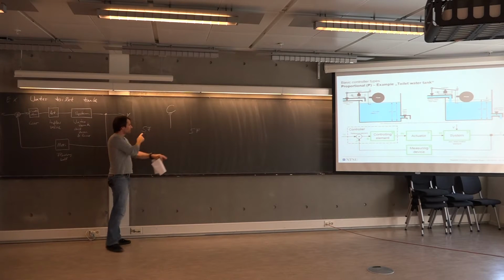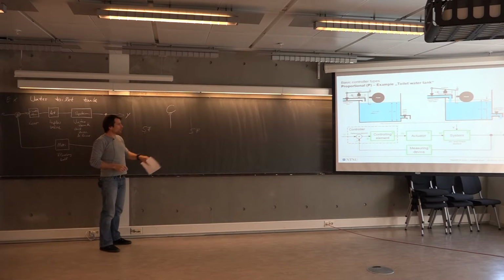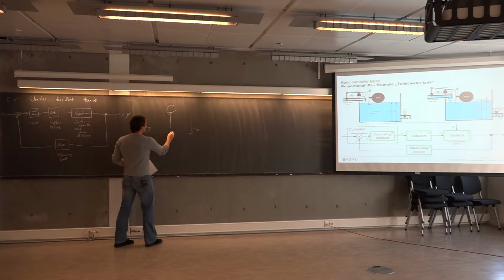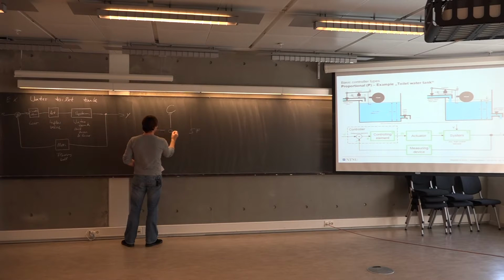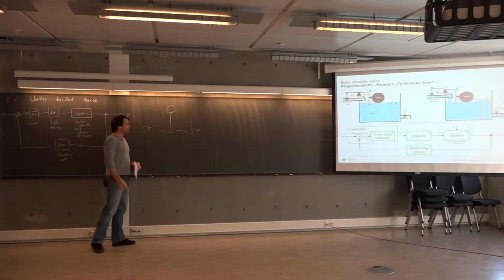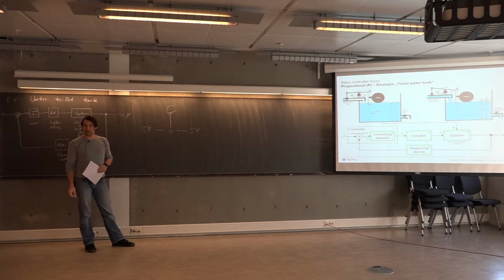Now we have a flow source, and we have some node, which obviously needs to be a zero junction, because you might end up having some difference in flow here, right?